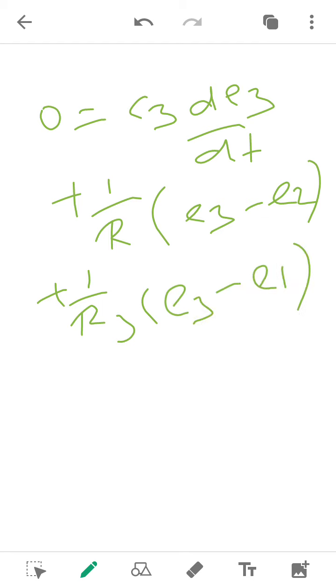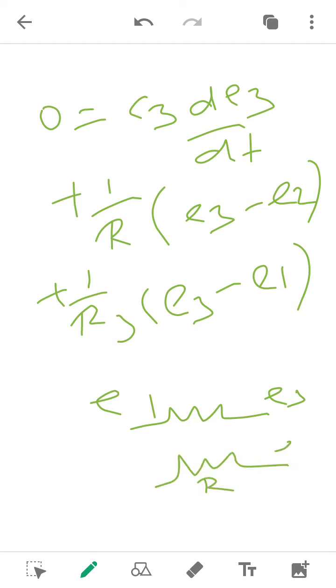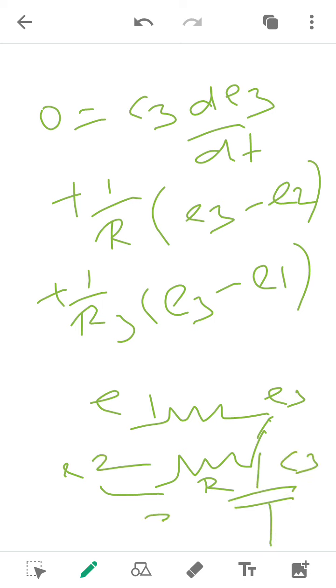Now if you are to draw the diagram, there is an R3 common between E3 and E1, and there is an R that is common between this node. Let me redraw it again. R3 is common, and it is connected to C3. This is for your third node.